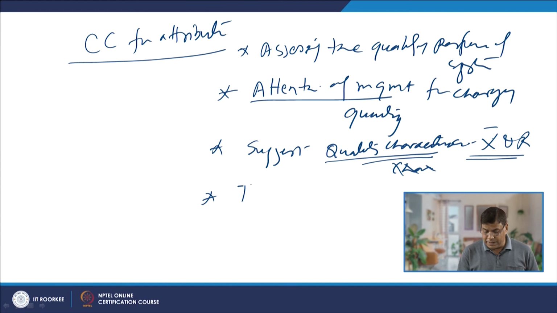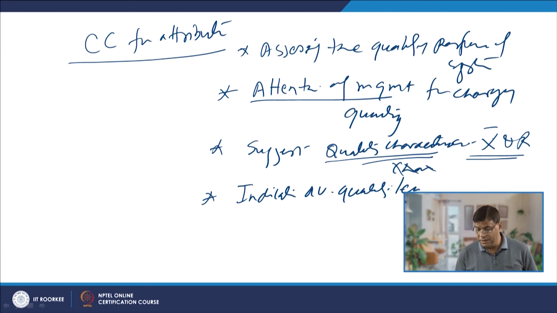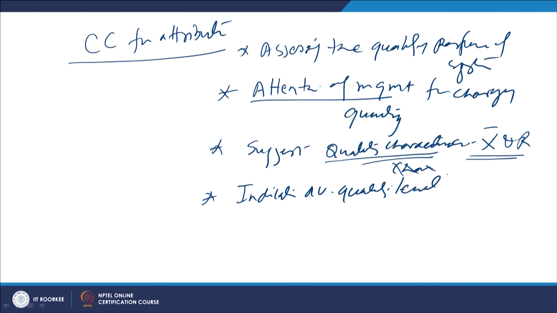It indicates or shows the average quality level of the products and services being produced by the company. When we have an idea about the average quality level, we are able to measure the performance of the system to produce quality products and services.